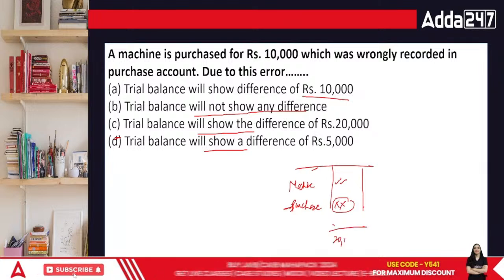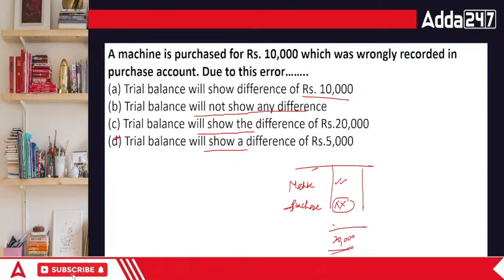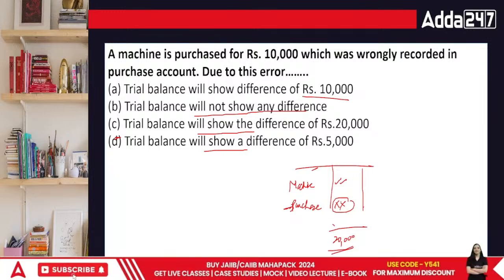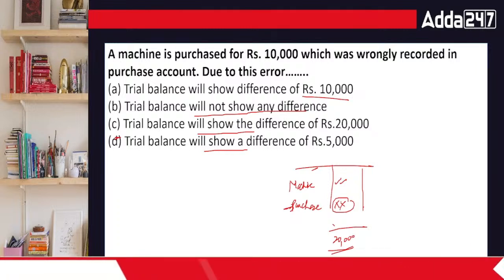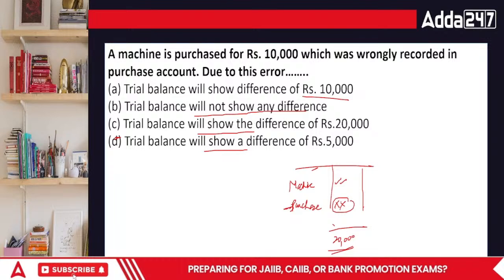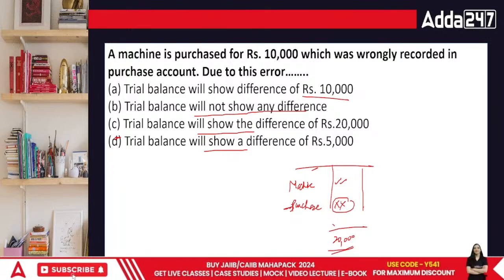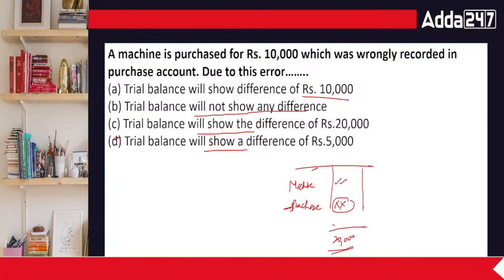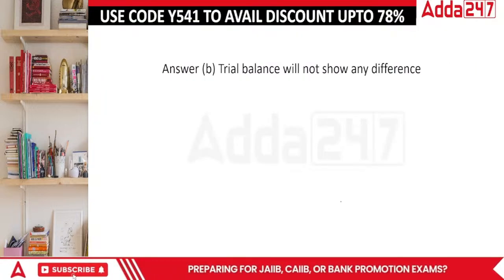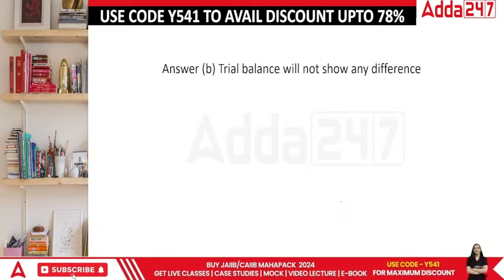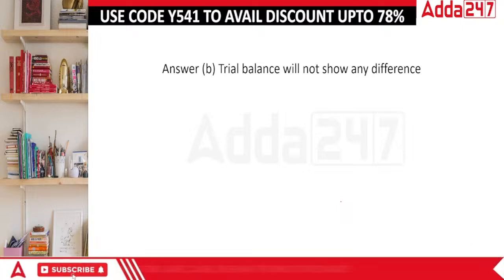This would be 20,000. Note it down here. And that's it. Done. The answer is trial balance will not show any difference. This kind of thing is called error of principle. Done, everyone?